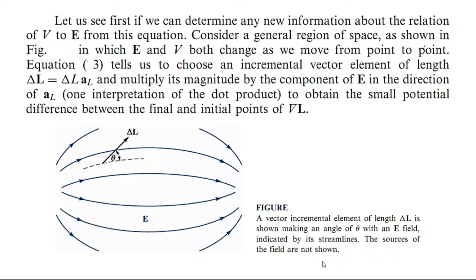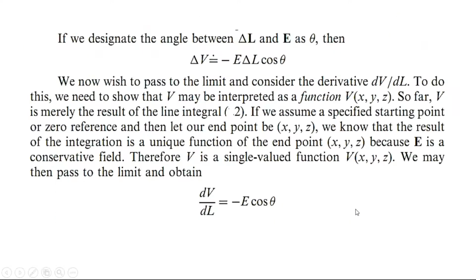The sources of the field are not shown. So if we designate the angle between delta L and E as theta, delta V will be equal to minus E delta L cos theta.